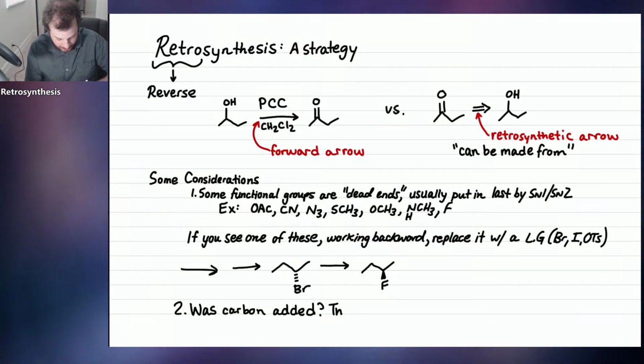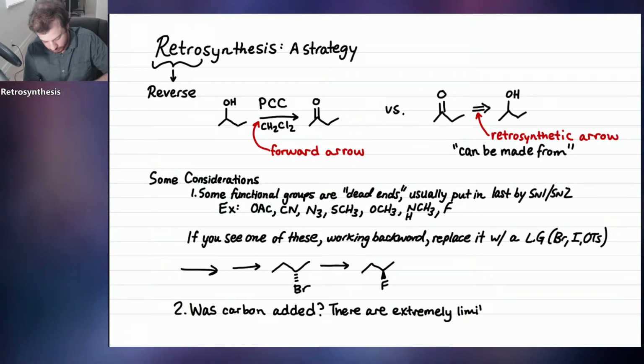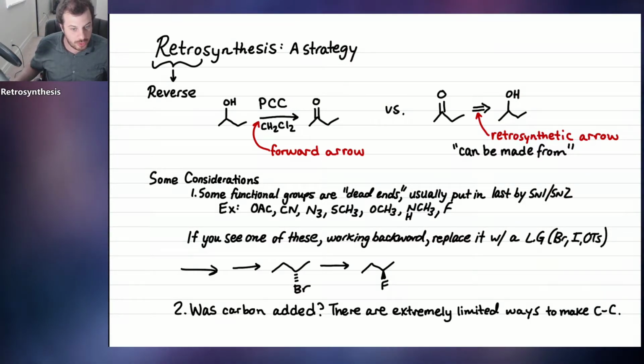And there are extremely limited ways to make carbon-carbon bonds. One way that you can add a carbon-carbon bond is via SN2, and these ways are pretty obvious and very niche.